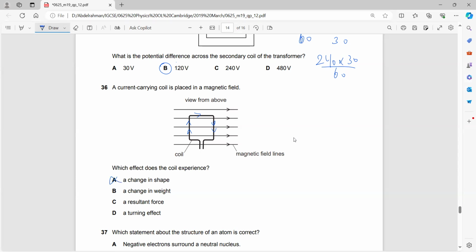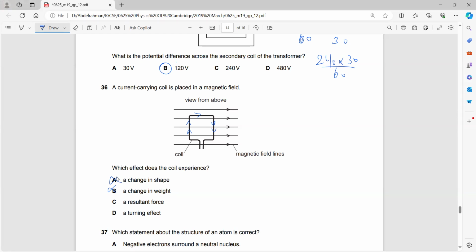I guess not. Will it change its weight? Why would it change its weight? Will it experience a resultant force or will it experience a turning effect? Yes, it will experience a turning effect.